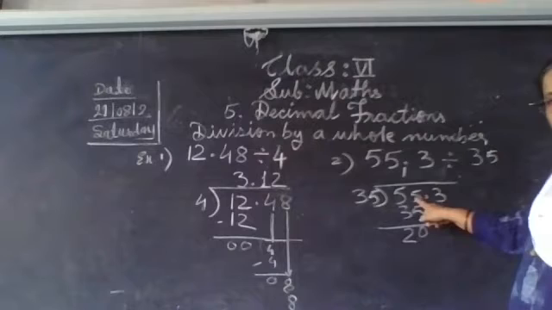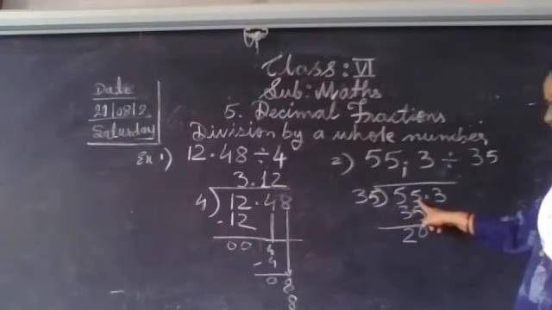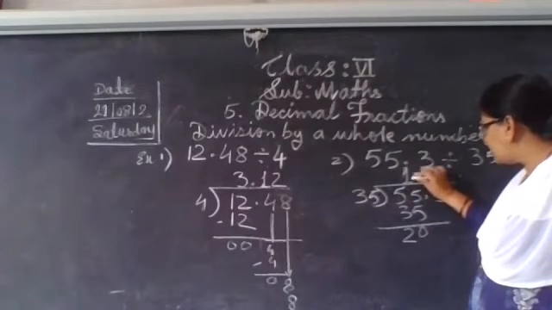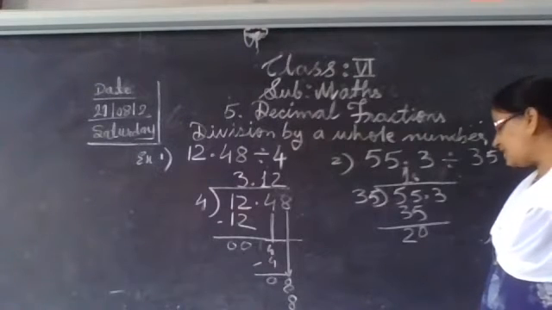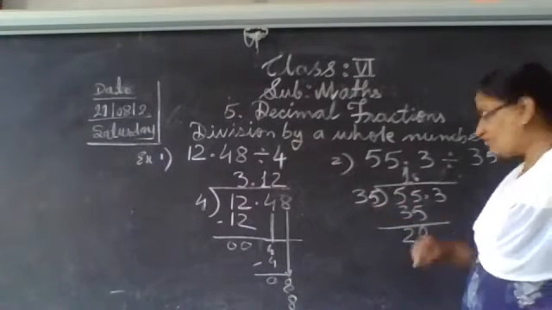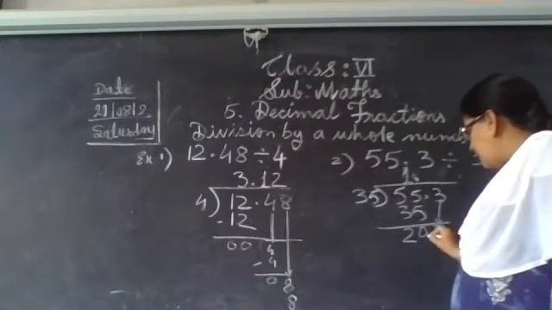So here the division of the whole number is over. 55 is the whole number. So now we will put the decimal point after this whole number. So what is left here? 20. 20 is smaller than 35. So we will bring down this 3.